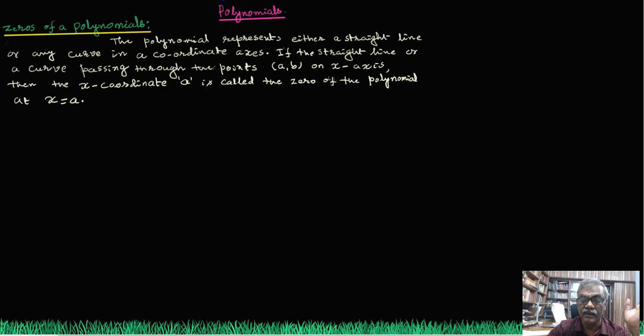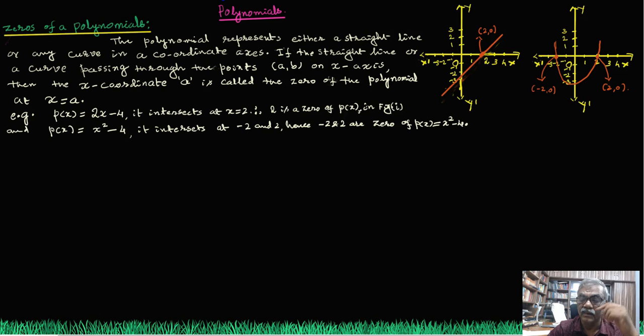If the straight line or curve passes through the point A, 0 on the x-axis, then the x-coordinate, say A, is called a zero of the polynomial, which can be seen through the figures I have drawn here.